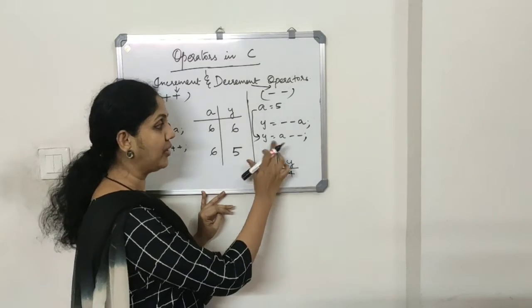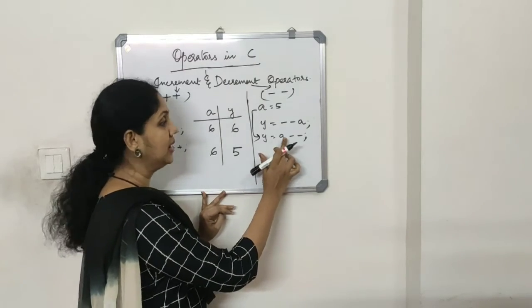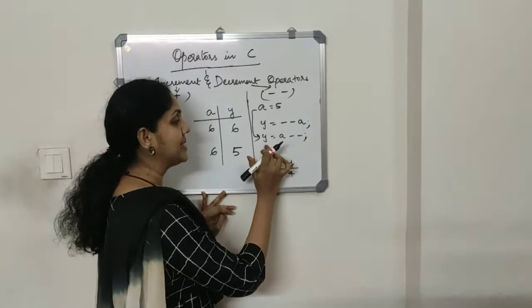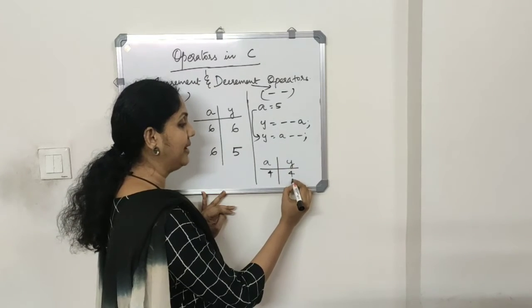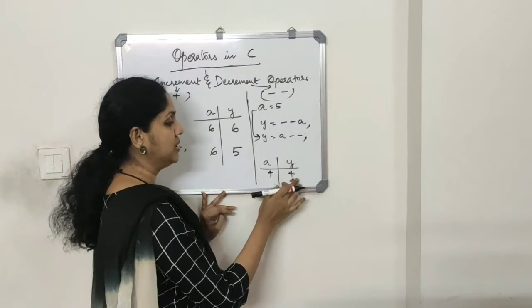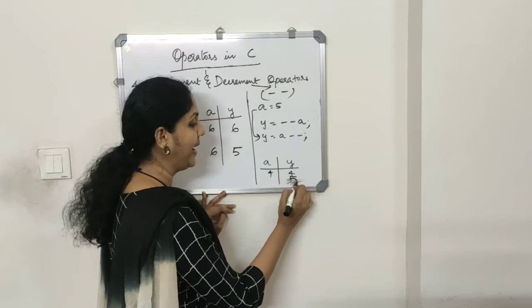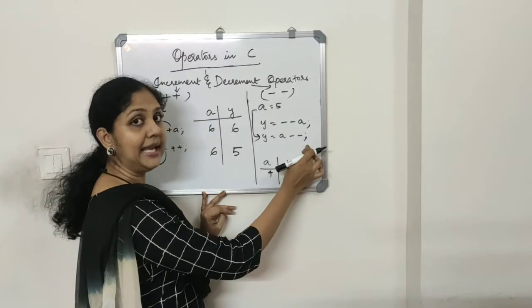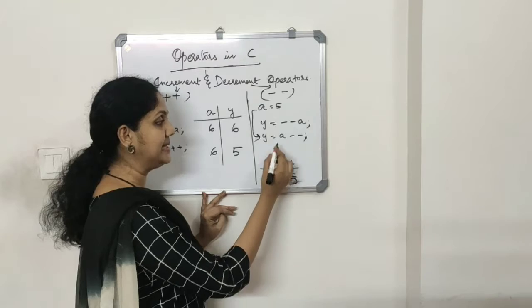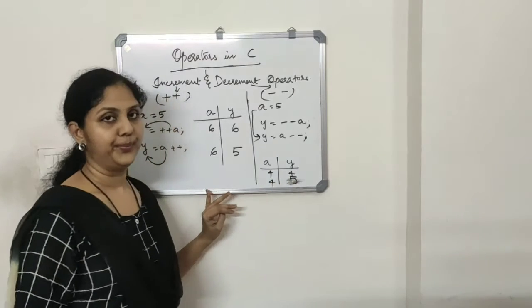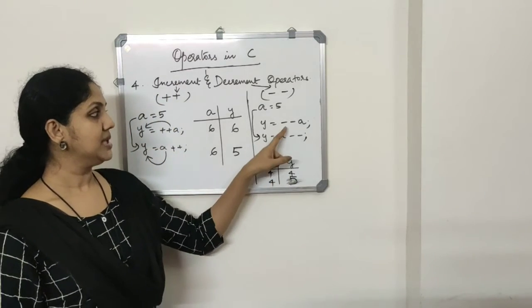Suppose a is equal to 5, what will be the output? A will be assigned to y initially. That means y will contain the value 5 and then a will be decremented. That is a is equal to 4. Okay, so this is pre-decrement and post-decrement operator.